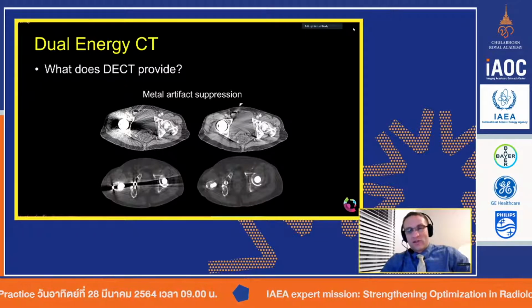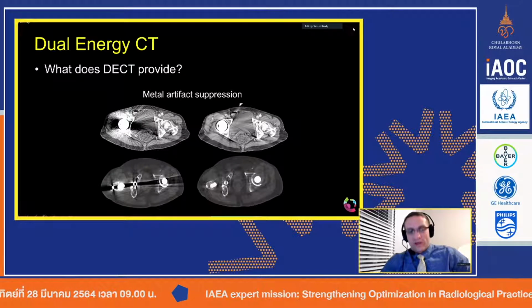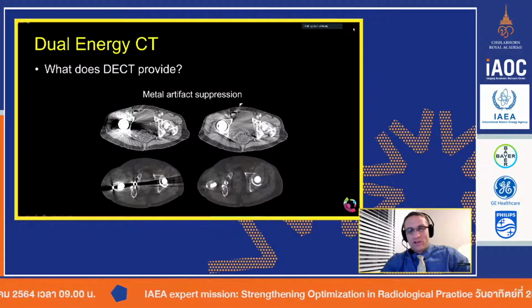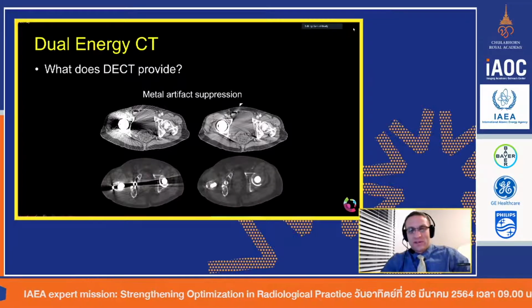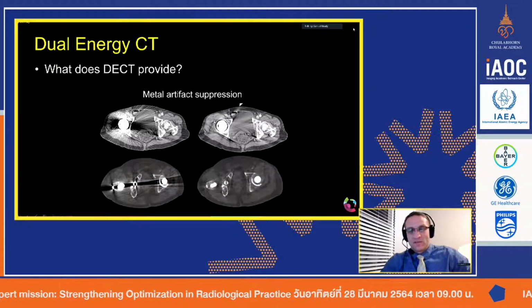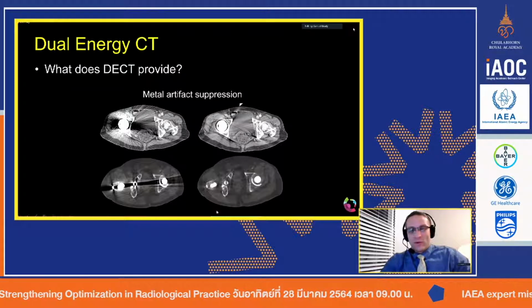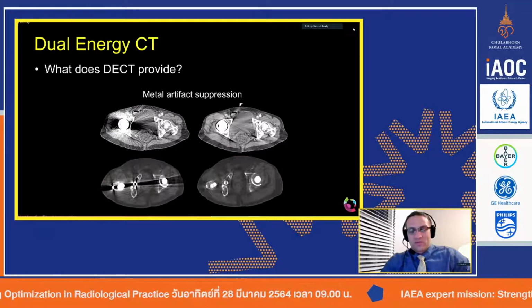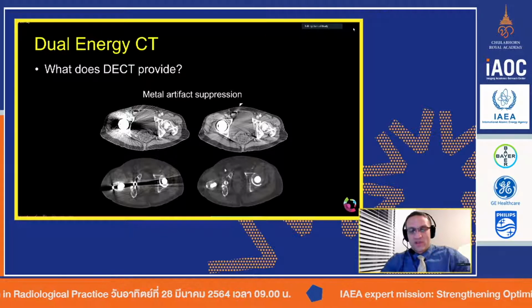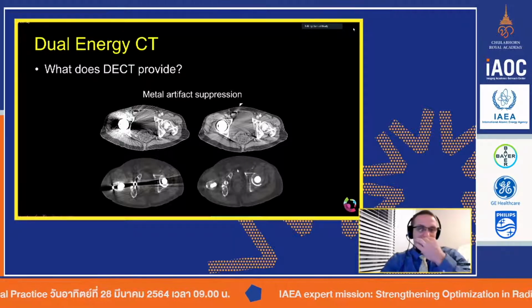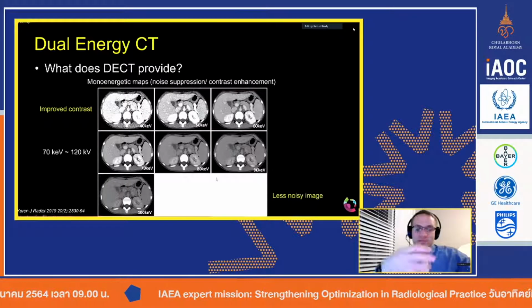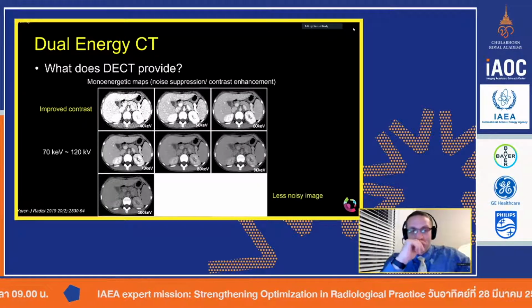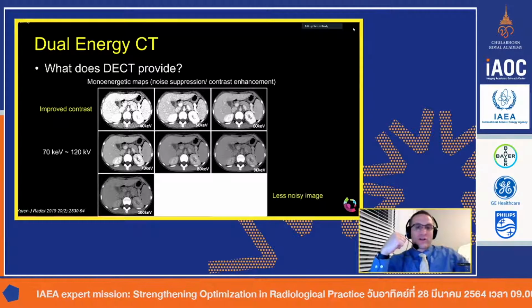You can do pretty good metal artifact suppression in what's called single energy. All the vendors have this option, but it's not perfect. You see the residual effects. But with dual energy, you can see how it almost completely gets rid of all of that streaking and beam hardening artifact. So dual energy can be pretty artifact free when you reconstruct it right.